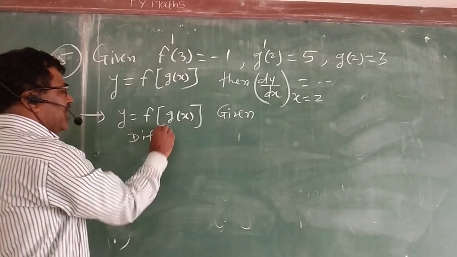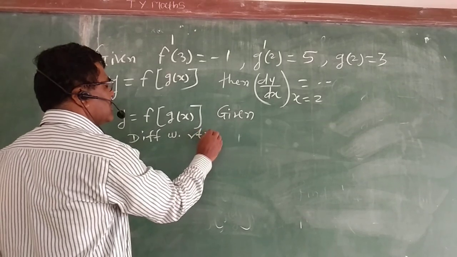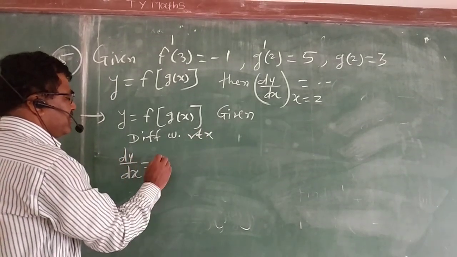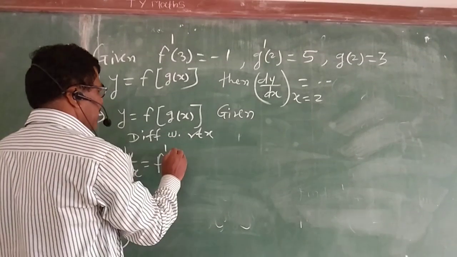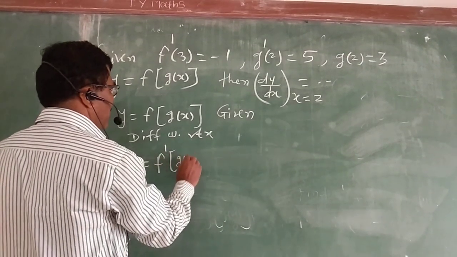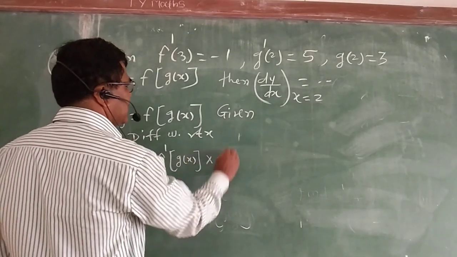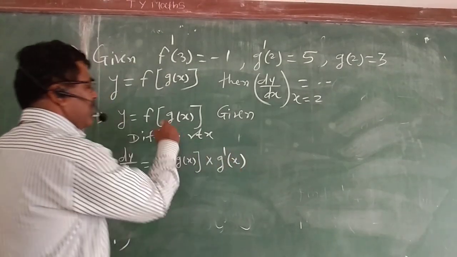Differentiating with respect to x, dy by dx equal to f dash g of x into g dash x by using chain rule.